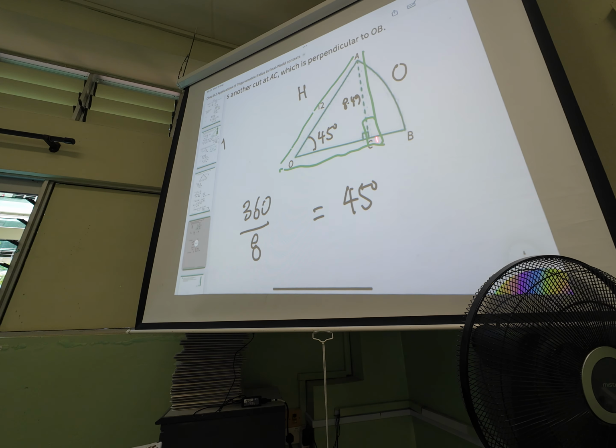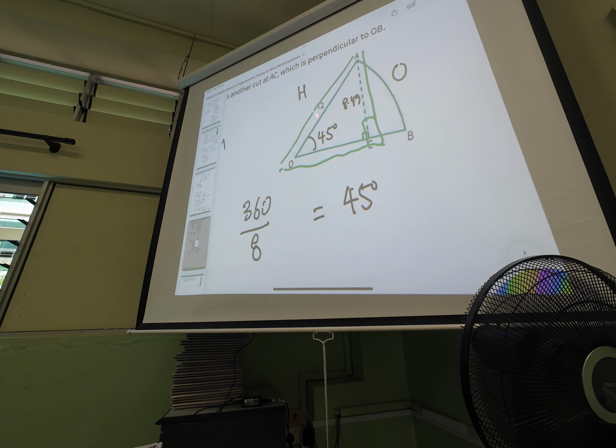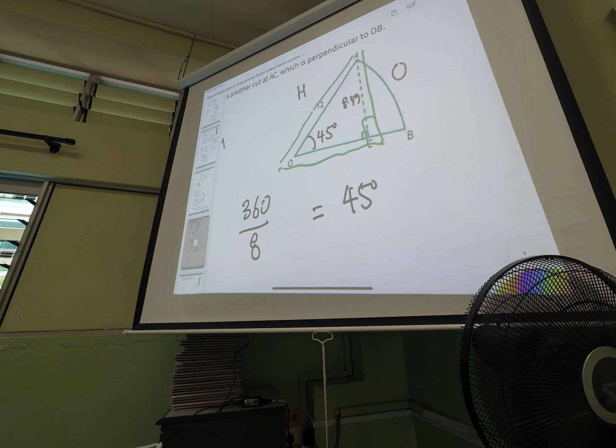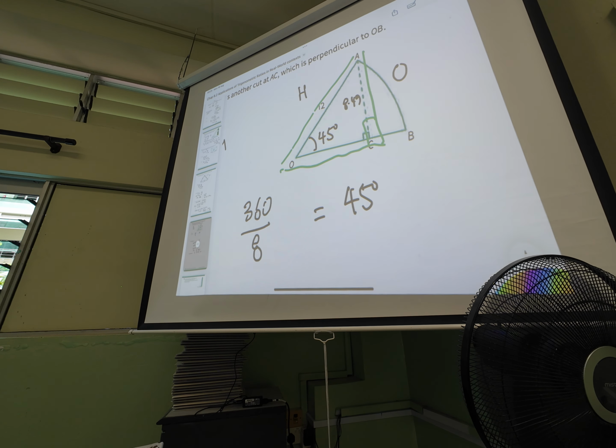Right angle triangle. There are two ways you can find your OC. You can either use your cosine to find OC, or you can use your Pythagoras to find your OC. Both are okay.